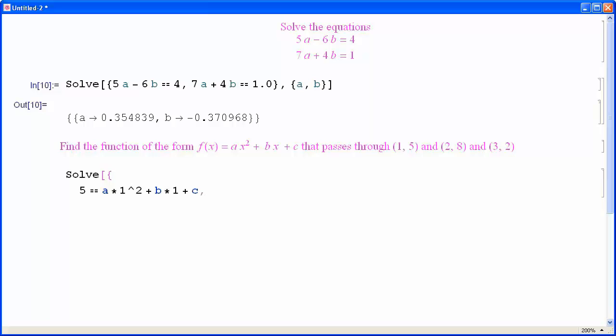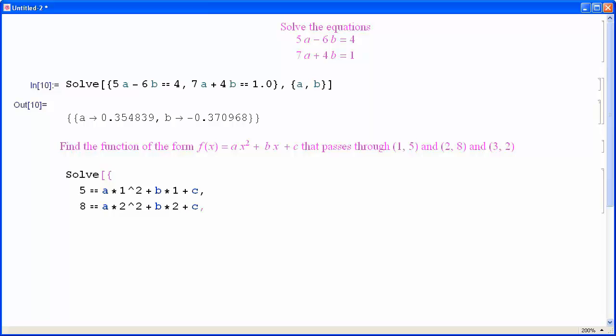Now I'll put a comma to separate for the next thing, and I'll write the next equation on the next line. And here we have 8 balanced with whatever I get when I substitute for x is 2. So I have a times 2 squared plus b times 2 plus c.